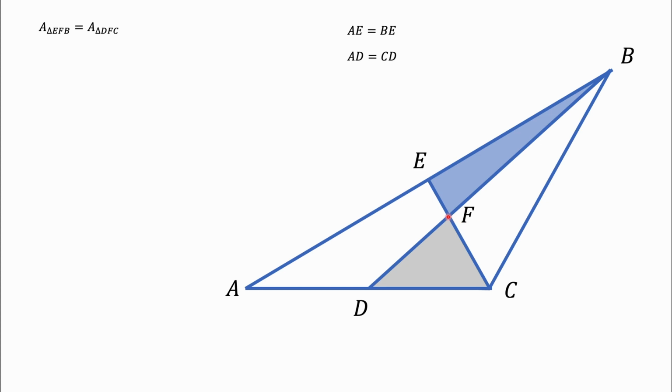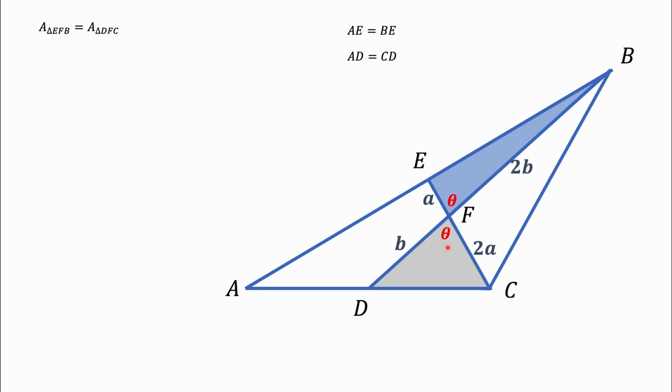Now, if F is the centroid, and EF has a length A, in this case CF will have length 2A. Similarly, if DF equals B, FB should be 2B. If this angle F in the blue triangle is theta, in this case angle F in the gray triangle is also theta, because those are vertical angles and they're congruent.